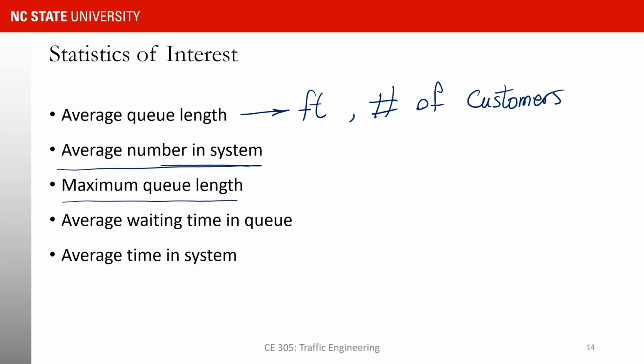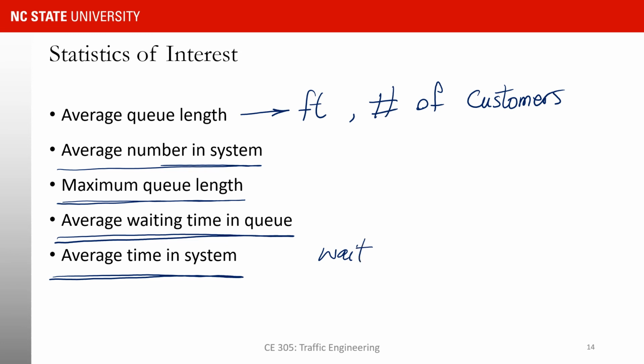Maximum queue length: what is the maximum number or length of a queue that we experience for this system? Average waiting time in queue: how long on average customers had to wait to receive the service? And lastly, average time in system, which is the summation of waiting time in queue plus service time.